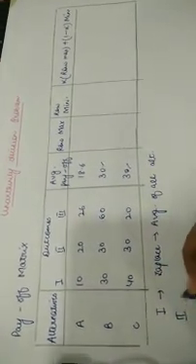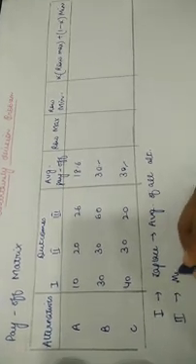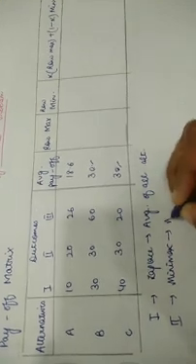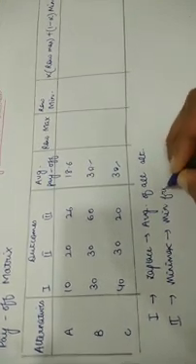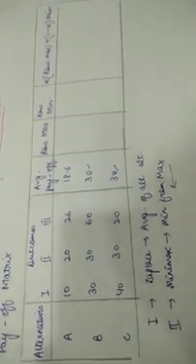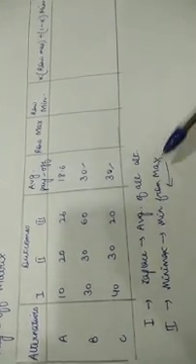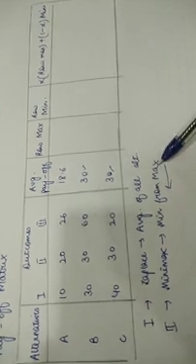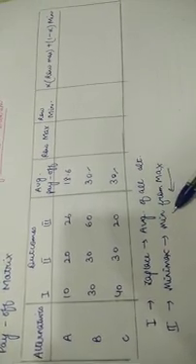The second technique is the Minimax technique. Minimax means minimum from maximum. We go this way. First we calculate the maximum value and from the maximum values we choose the minimum value. These values we select row wise, from the alternatives.